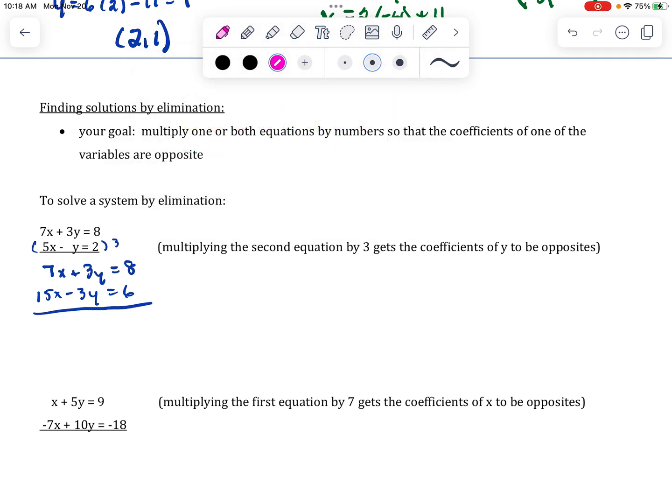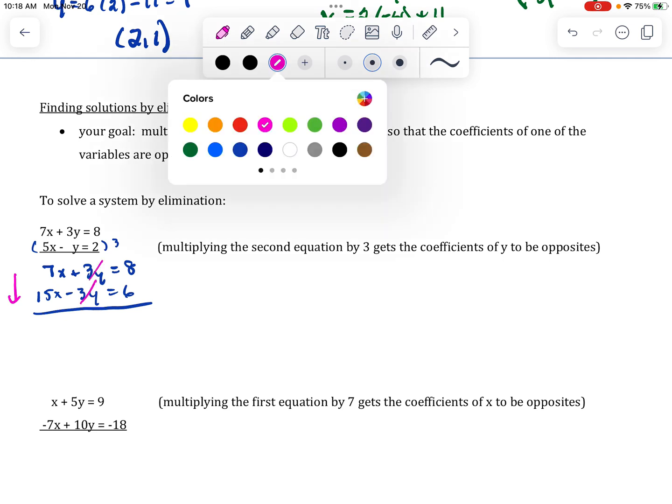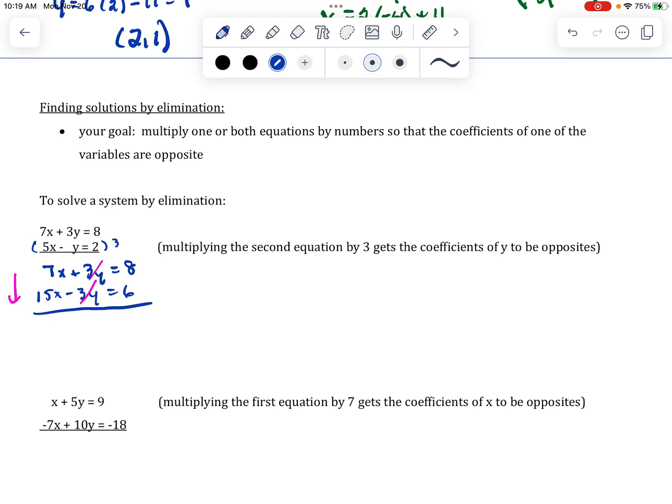Now, when I add down, look what happens. Positive 3y and negative 3y cancel, and I'm left with 22x equals 14. So my x is 14 over 22, or 7/11.